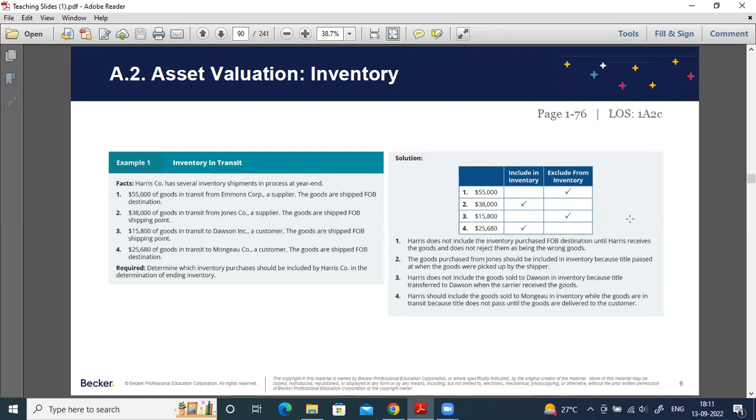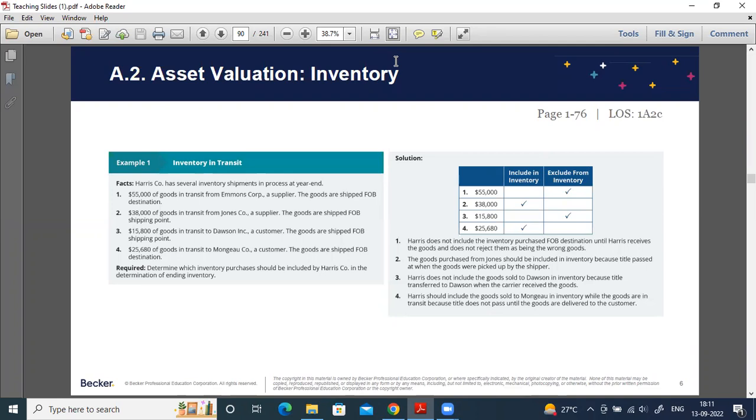You cannot include it, because there is a simple logic. Once you receive the goods, you need to inspect them. First, we need to verify whether the goods are as per the specific criteria and satisfy the required quality. Unless they are as per the quality and conditions, you won't accept the goods. There is a great possibility that Harrisco might reject the goods.